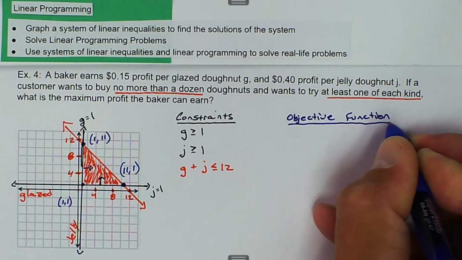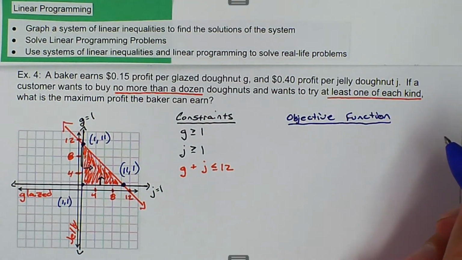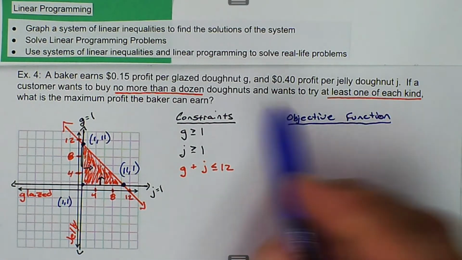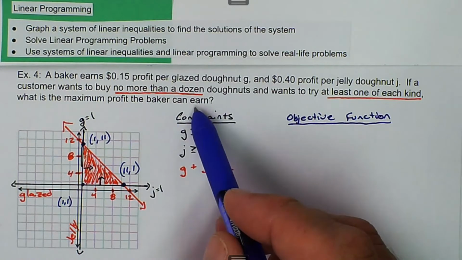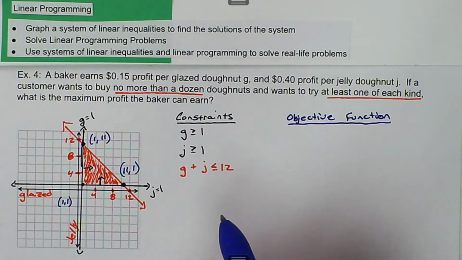So for this one, our objective function is, what is the maximum profit the baker can earn? So we want to find the maximum profit.